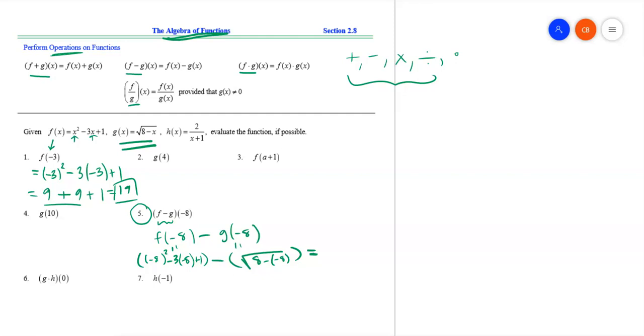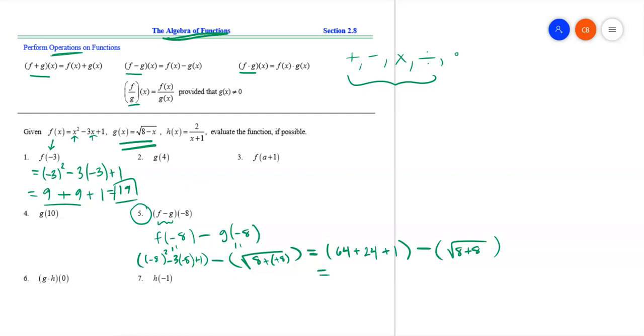So for f of negative 8, we have negative 8 squared is 64, and then minus 3 times negative 8, which is the same as plus 24, and then plus 1. That's f of negative 8, and then we're subtracting g of negative 8, which is going to go square root of 8. Basically, you see minus a negative 8 goes plus 8, like this one.